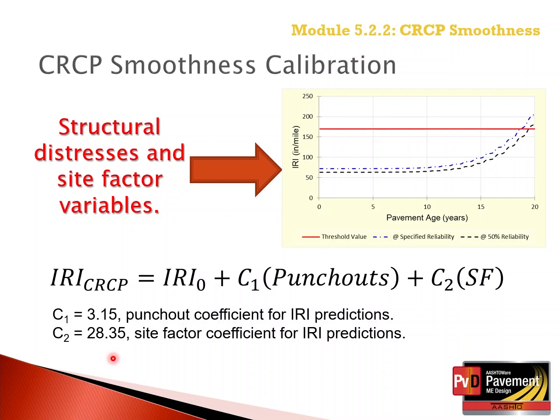As noted previously, the values for the calibration coefficients may vary between different publications of the MEPDG Manual of Practice, depending on any recent results of the global calibration process. The coefficients and exponents of the regression equation are also included in the output report for the PMED design software.